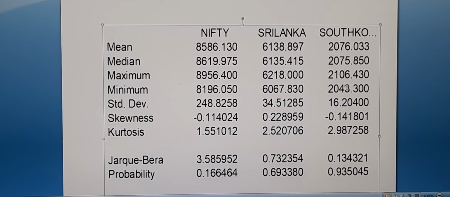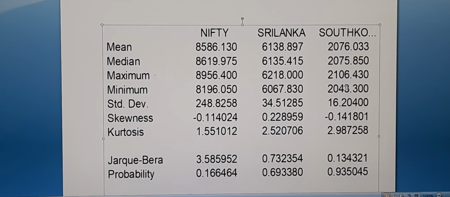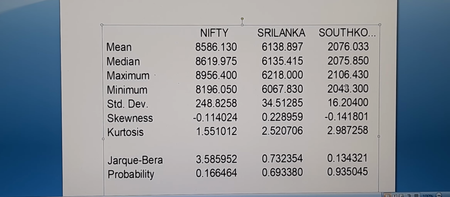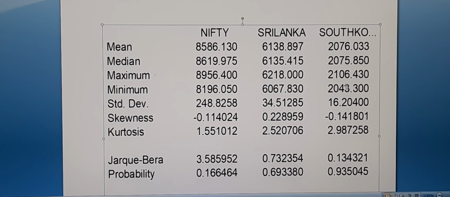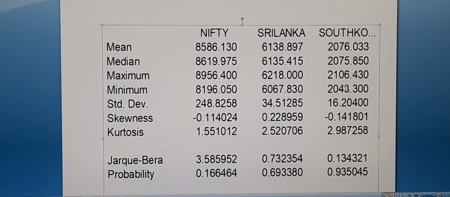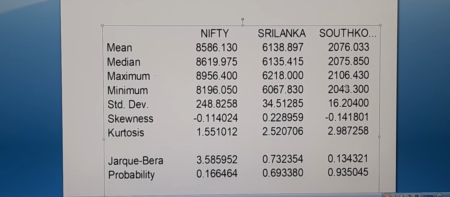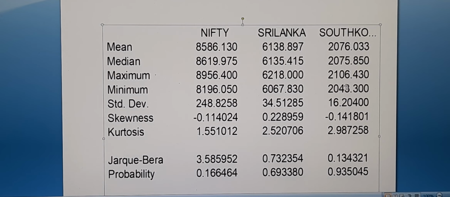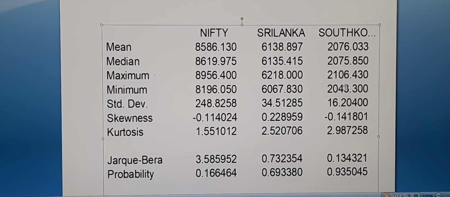From the Jarque-Bera, if the probability is very low, approximately zero, then we reject the null hypothesis. Here we test whether there is any difference between the skewness and kurtosis of the series we have taken and those of a normally distributed series.